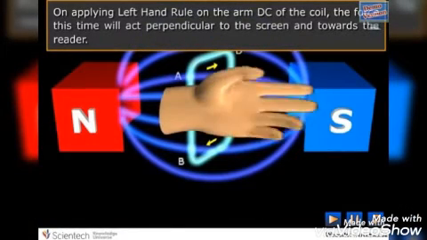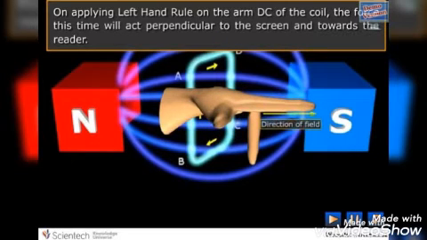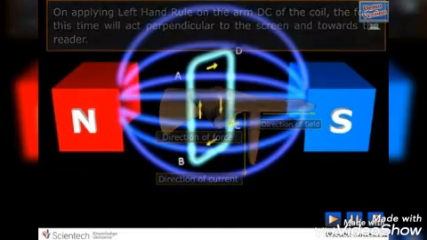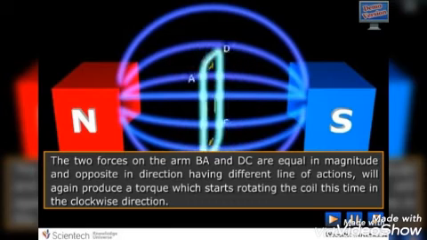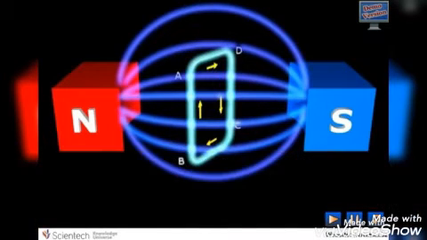On applying the left hand rule on the arm DC of the coil, this time the force will act perpendicular to the screen and towards the reader. Therefore, the two forces on the arms BA and DC are equal in magnitude and opposite in direction, and have different lines of action. They again produce a torque, and it is rotating in the clockwise direction.